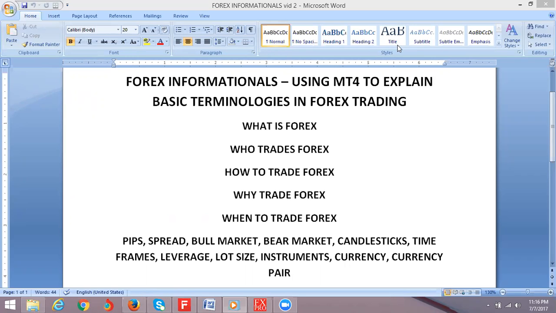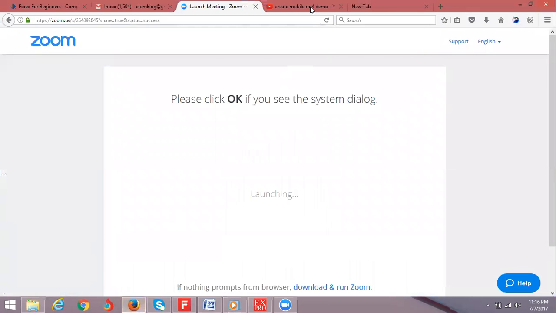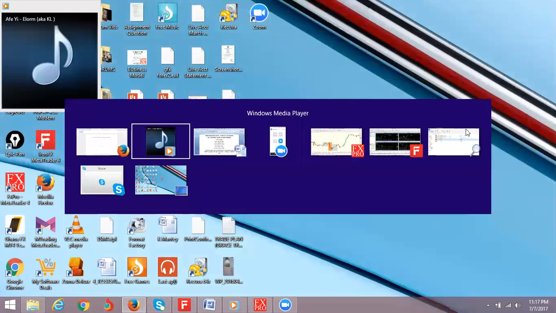And for mobile users, you can do that by going to YouTube. Okay, you go to YouTube, you can search.